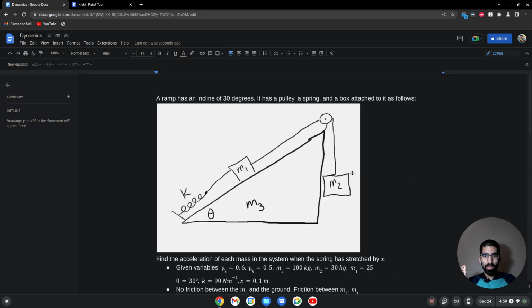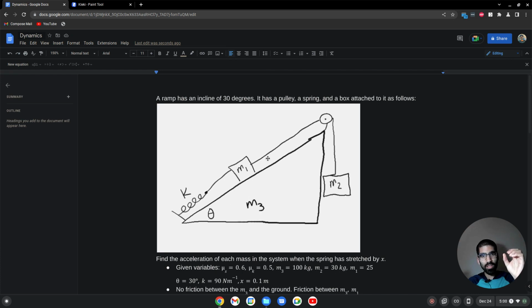So, if you take a look at this setup that we have here, when mass 2 goes down some bits, the rope's going to come down with it. This rope over here is going to go forward, and then the mass is going to go forward. So if M2 goes down by 10 centimeters, then mass 1 goes forward by 10 centimeters.